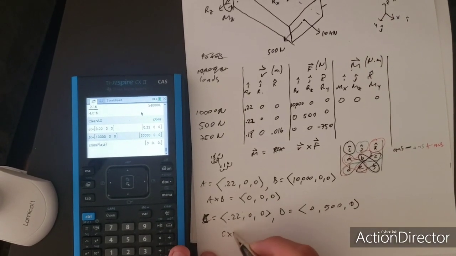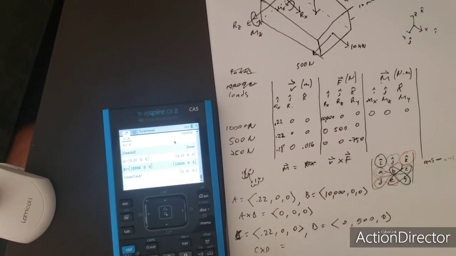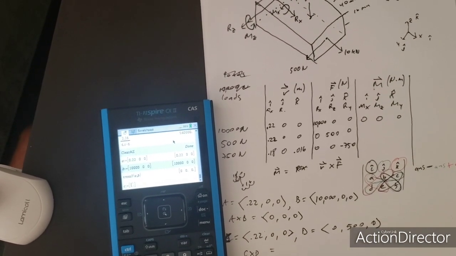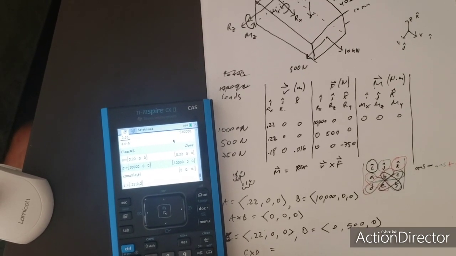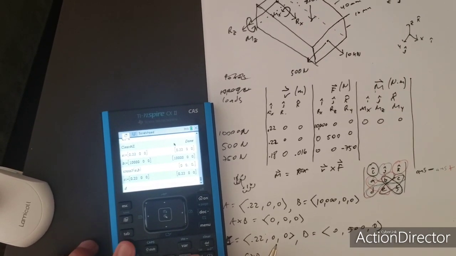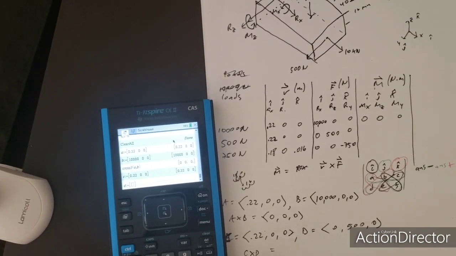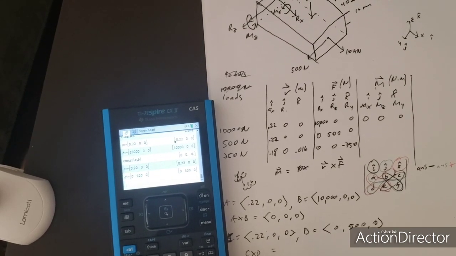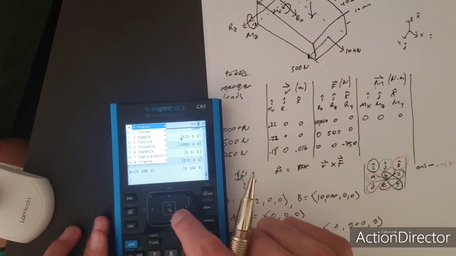And C cross D, again, define C, 0.22, 0, 0. Vector D defined as 0, 500, 0. And C cross D, once again.